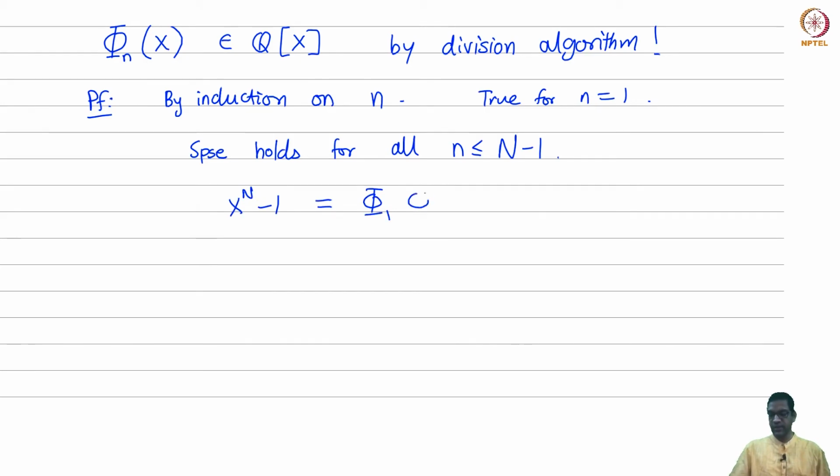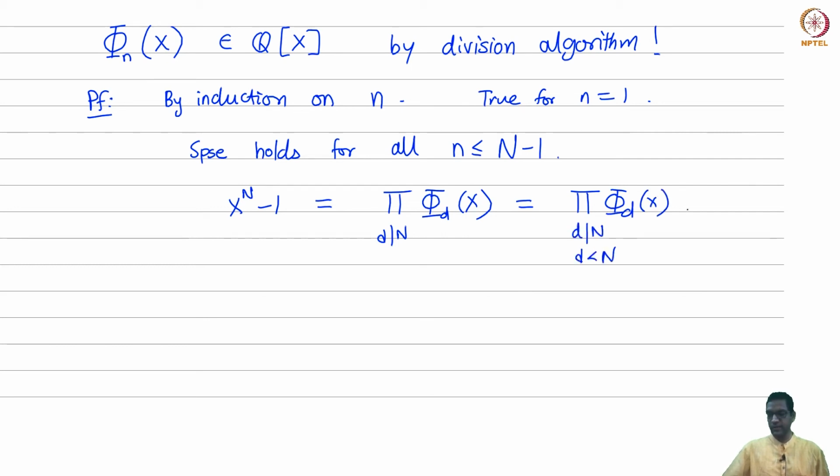You will write it as phi 1, whatever, I don't know what the divisors are, so maybe I will write it in general, product of phi d of x, d divides n, and from this I will pull out the last term, phi n alone. So I will take the product of the phi d's, d dividing n, but d strictly smaller than n, times capital phi n of x.